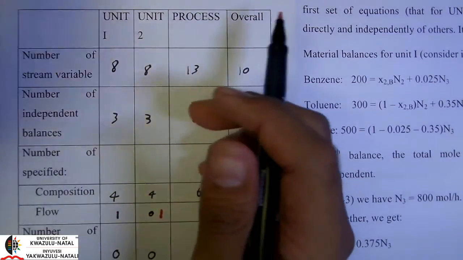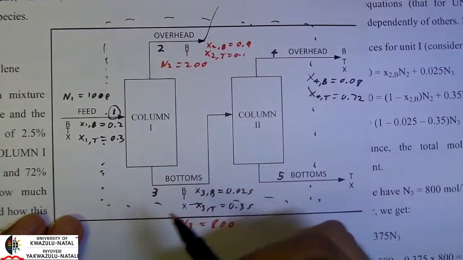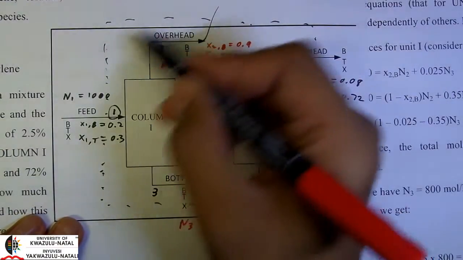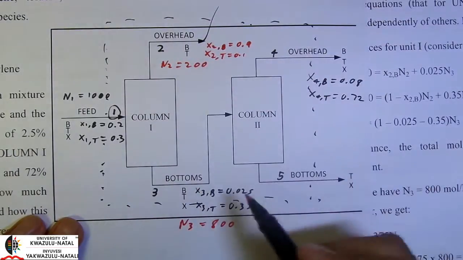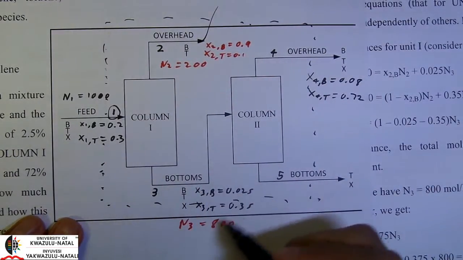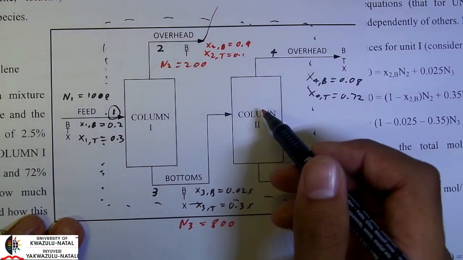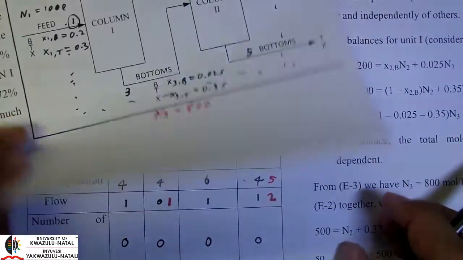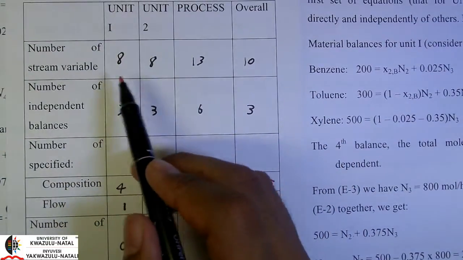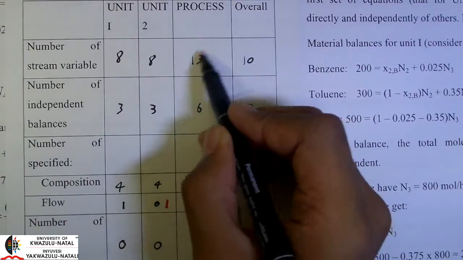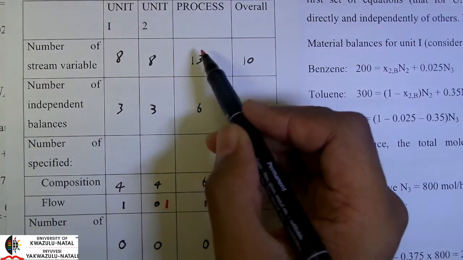Okay, if we look at our independent variables for these two units, if we're considering unit 1 and unit 2, these independent variables here in stream 3 are common to 1 and 2. So if we simply added these up, then we would have some duplication, we will have an incorrect result.